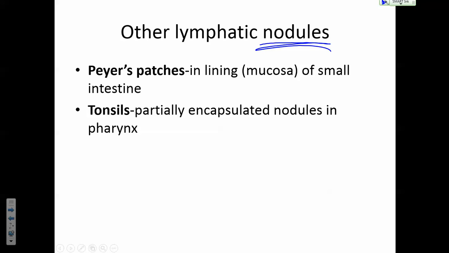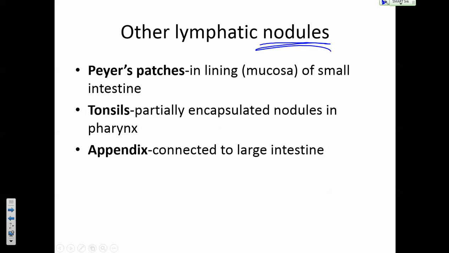So if you breathe it or you eat it, your tonsils can help take care of that. Sometimes they get infected and they swell up, and because of their location, that can interfere with air movements in your upper respiratory tract. So sometimes you have to have those removed. But you have a lot of other lymphatic areas of the body. That's why you can live without some of your tonsils.